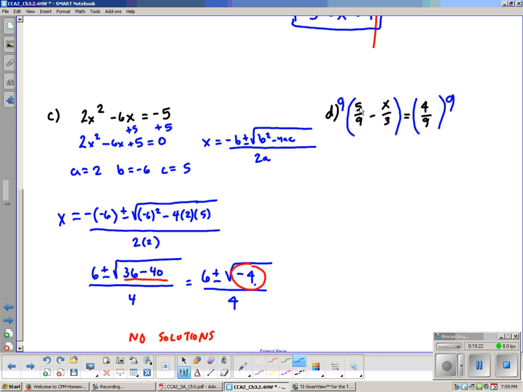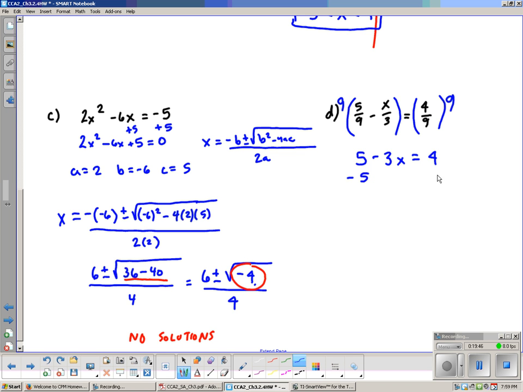9 times 5 is 45, divided by 9 is 5 again. We have 5 minus 9 times x is 9x, divided by 3 is 3x. 9 times 4 is 36, divided by 9 is back to 4. So we have 5 minus 3x equals 4.